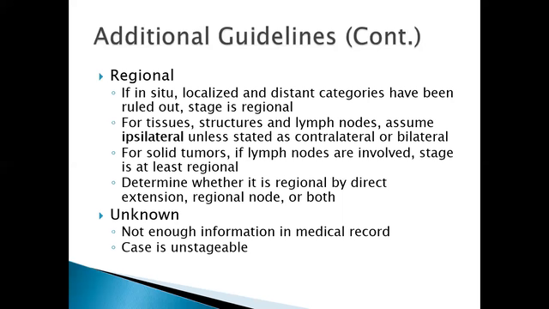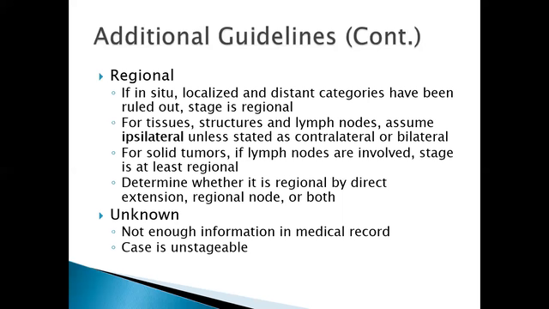That would be your regional lymph node involvement. If you had a tumor that grew beyond the organ, but lymph nodes are negative, then you have regional by direct extension only. And if you have both, then you have regional, direct extension and lymph node involvement, and that would be summary stage code 4.